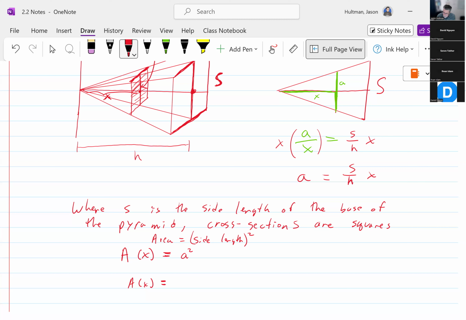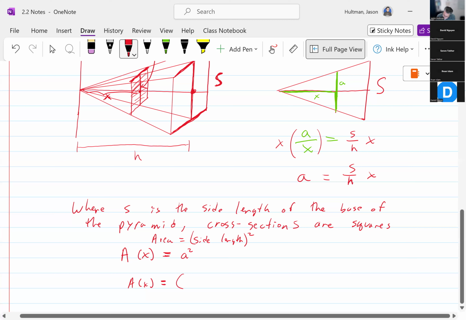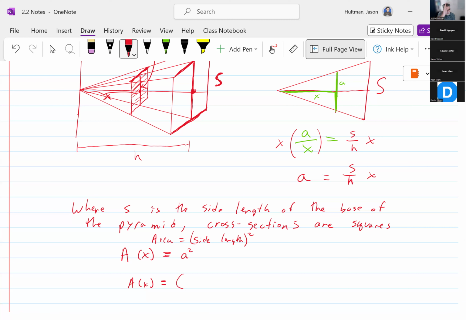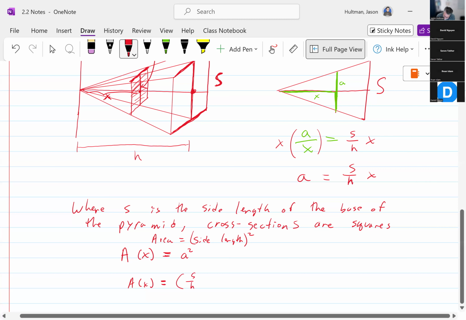I can do this by knowing what S is, what H is, and how far out X is. I'm going to take the area of that cross section and plug in S over H times X, and square that.